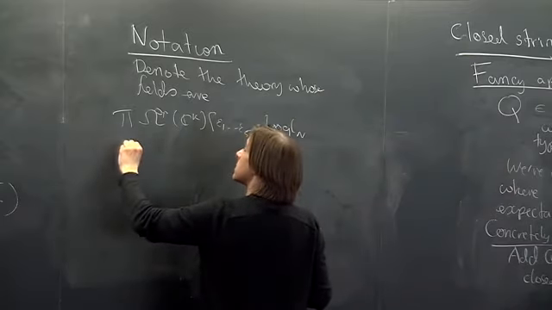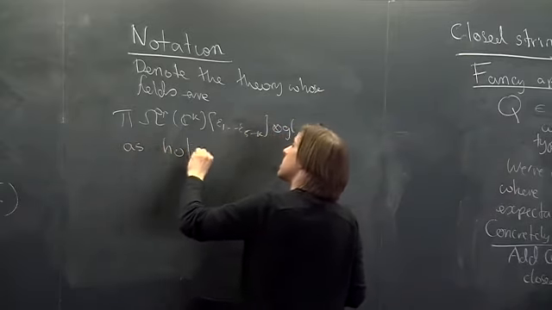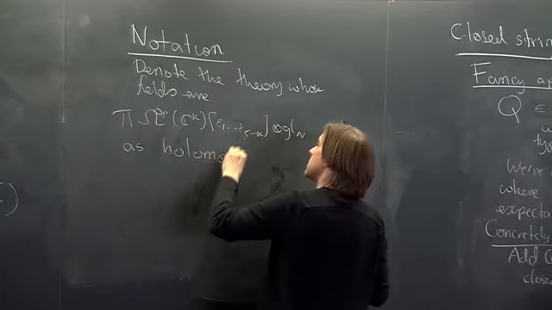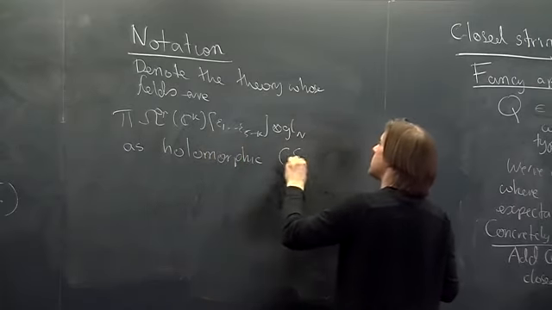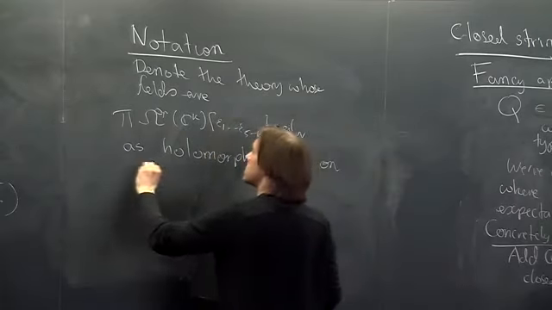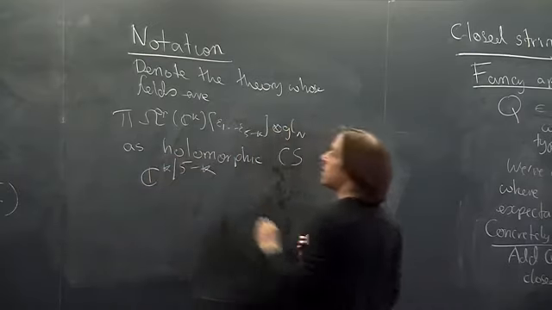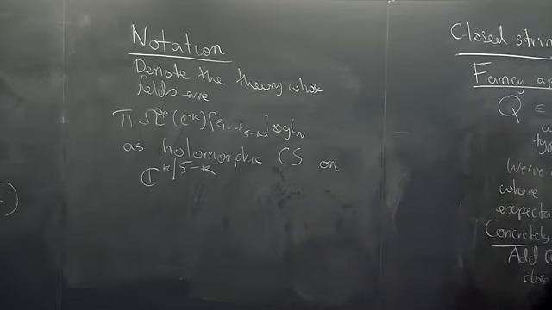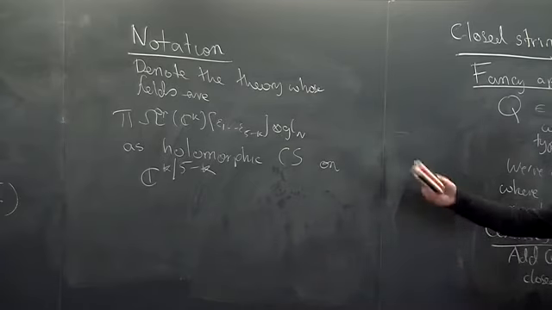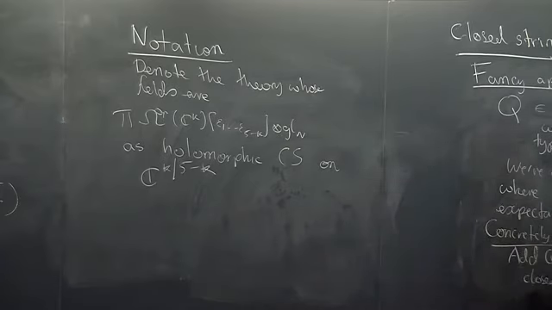We'll call this holomorphic Chern-Simons on C^5 minus K. This is justified by noting that the action we write down for this is a holomorphic Chern-Simons action.